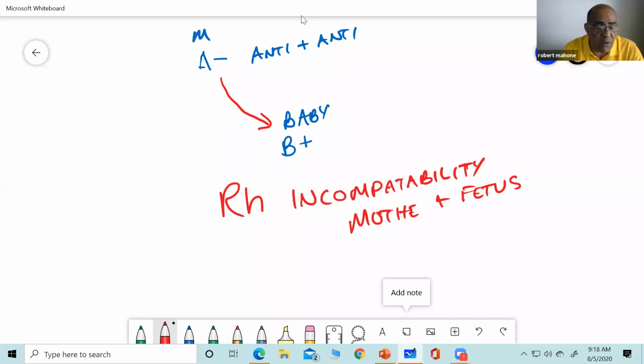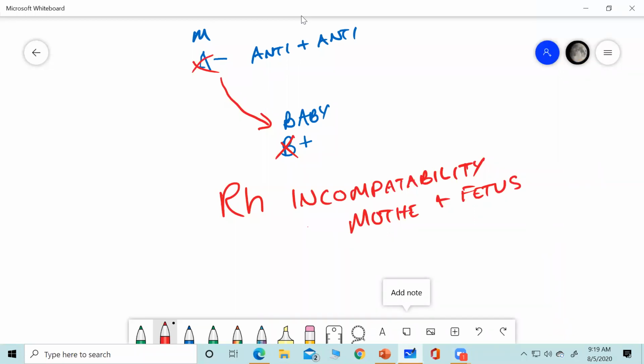If it happens the other way, mama's positive, baby's negative, no problem. But if mama's negative and baby is positive, that can be a problem. Blood types don't matter. Whether they're both A, both B, A, B, O, none of that matters. But if mama's negative and baby's positive, you might end up with an RH incompatibility.